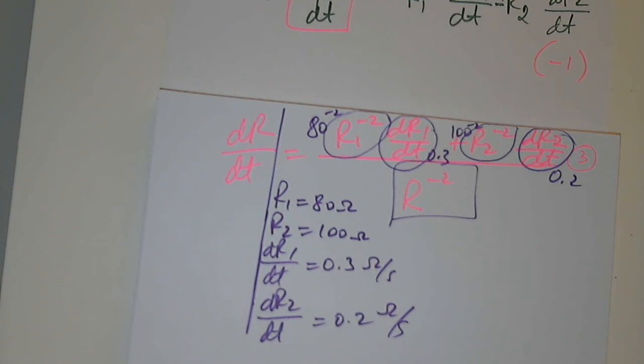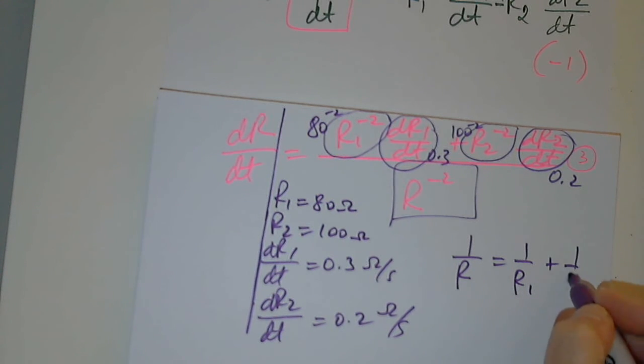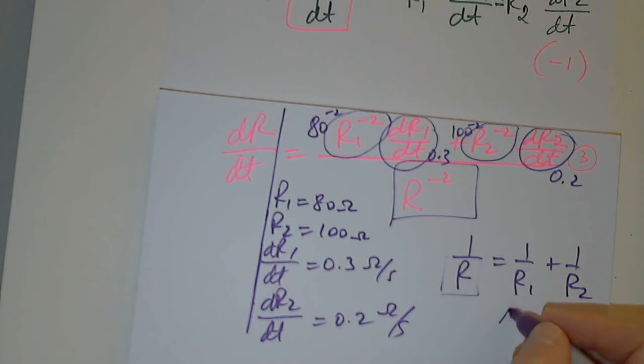But that's okay. Let's go back and write the equation one more time. I'm trying to determine R at the exact instant when R1 equals 80 and R2 equals 100.